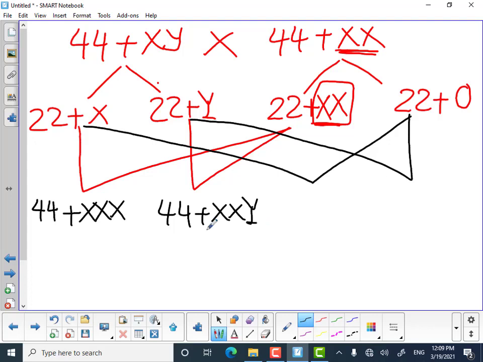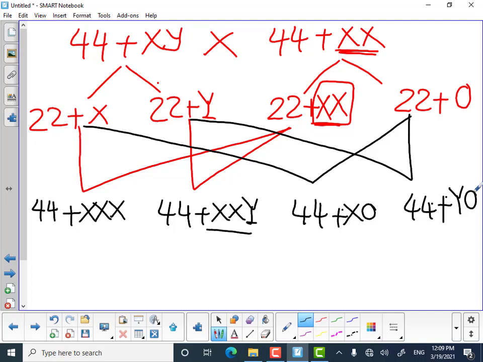Yes, excellent, it is abnormal. Another one is 44 plus X0. And the last one is 44 plus Y0. Okay, these are the four possibilities we had.